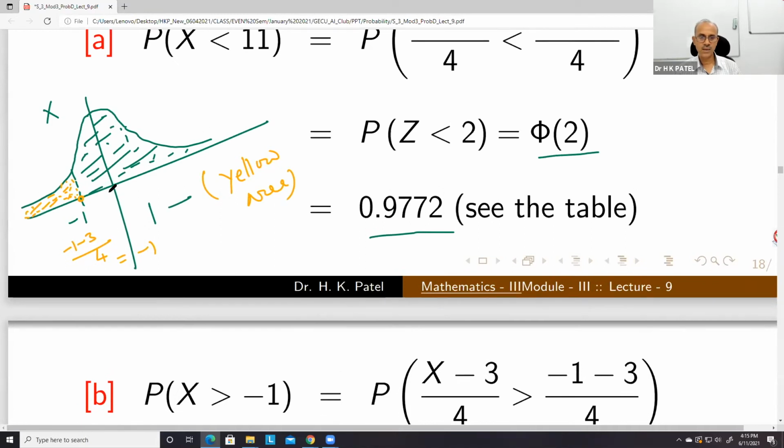And therefore this will be equal to 1 minus phi of minus 1. So minus 1 you can write as minus 1.00, and then this is minus 1.0 and 0.00. All right. So in this way you can find the value in the table.